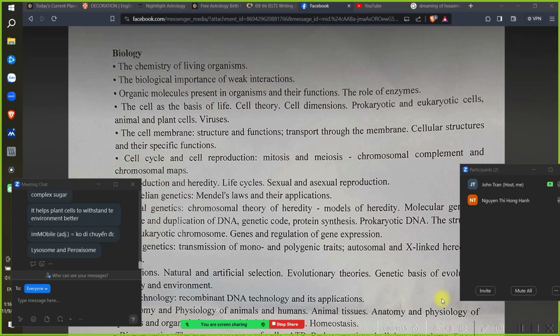Another checkpoint is between G2 and mitosis. And there are a couple of proteins that regulate this process. The two main ones are cyclin-dependent kinases.